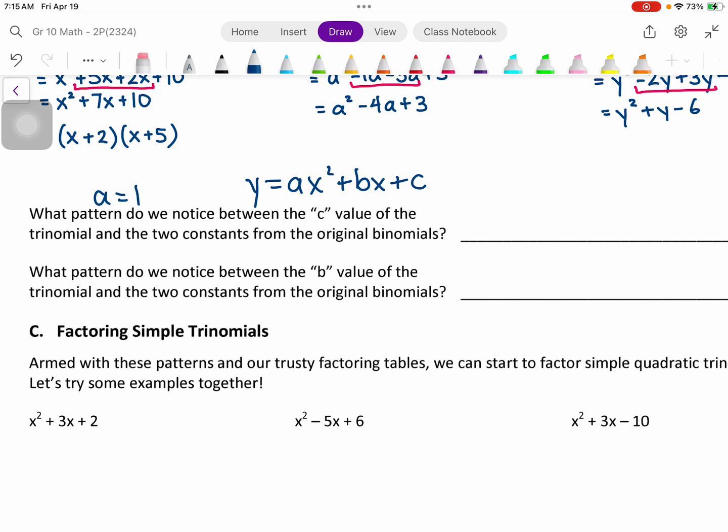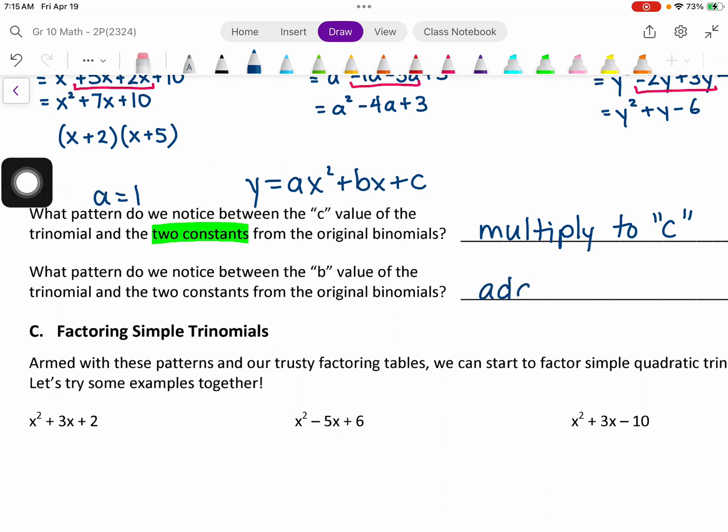So with the c value, what we see is that the two constants, the two numbers from our binomials, they multiply to the c value. And with the b, the number in front of our variable, they add to that.